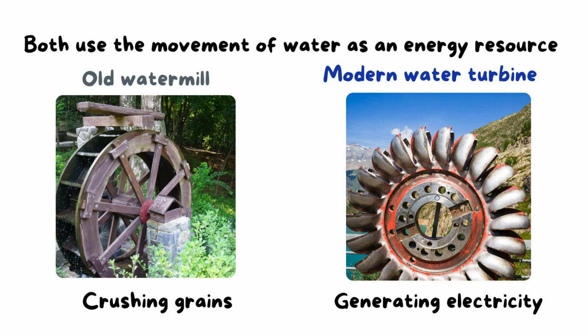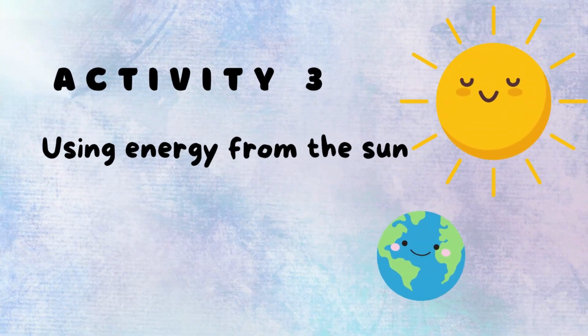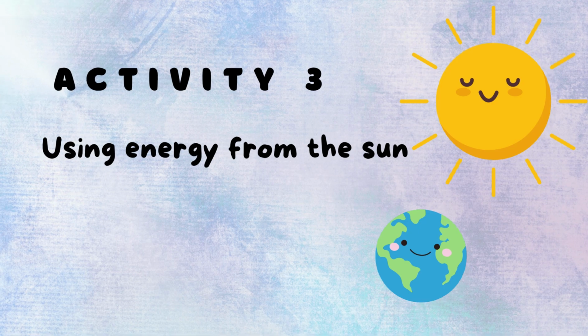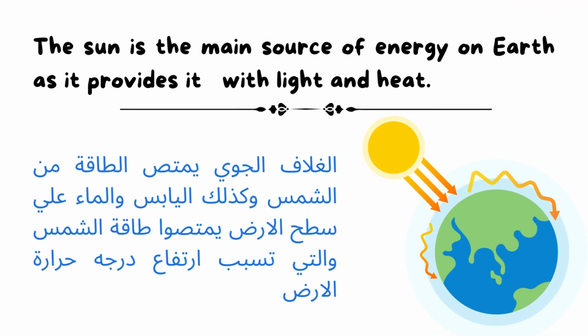With this information, we finish this activity, and we will go to activity 3, which is about solar energy and has the title using energy from the sun. As we know, the sun is the main source of energy on earth, as it provides it with light and heat.